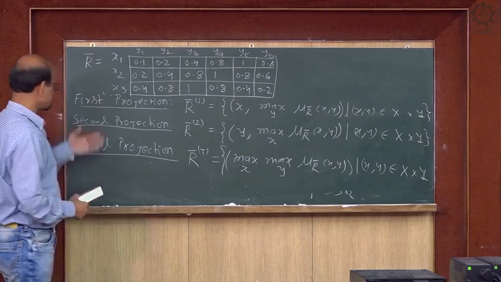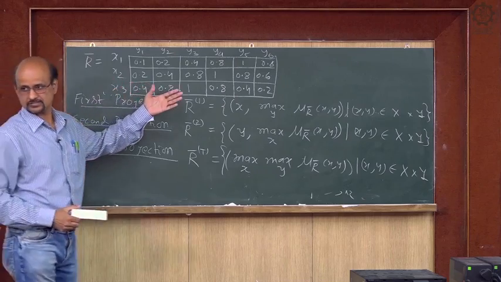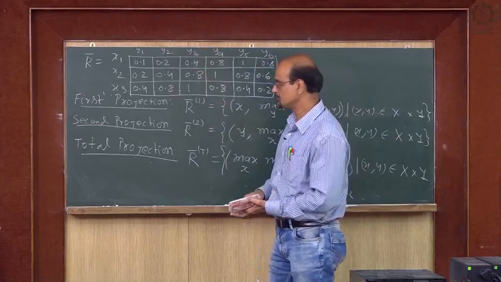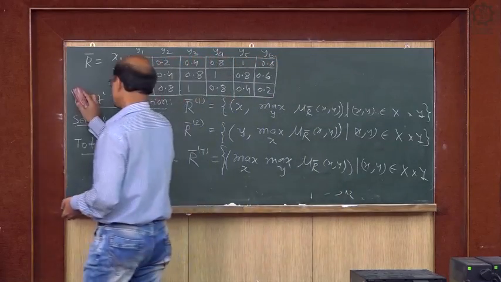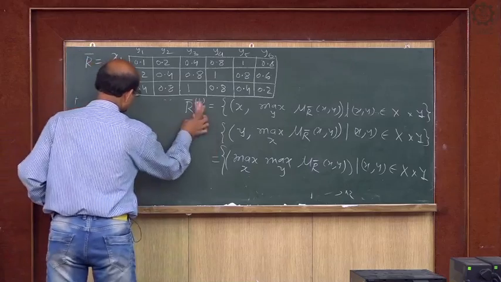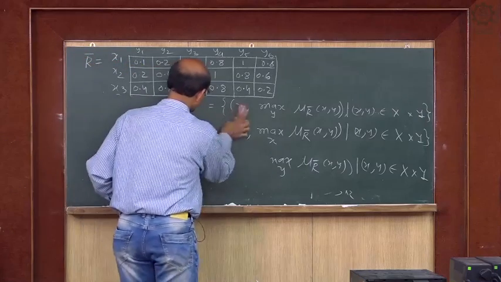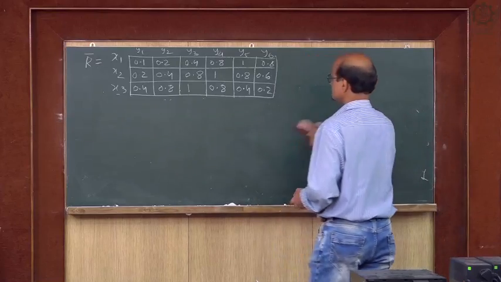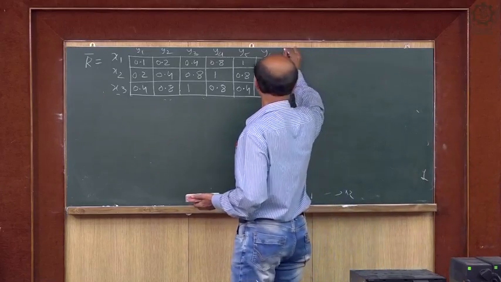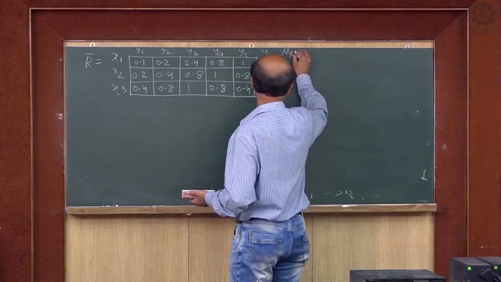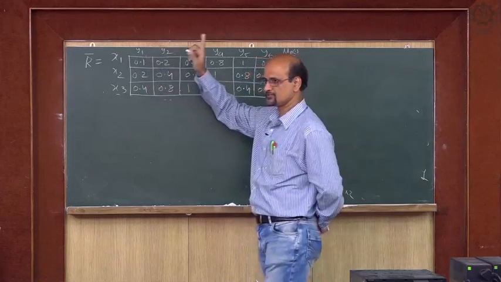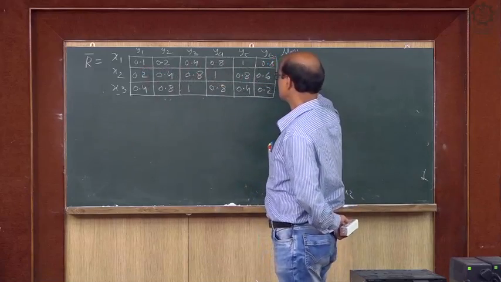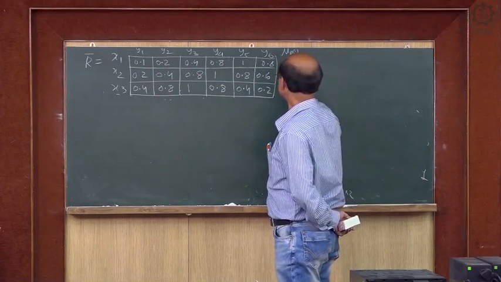Now, let us find the projections for this relation. This relation is from product space x to y. You remember these definitions. For the first projection, we denoted it by R1. So, here I will write the membership function for R bar 1. It was the maximum over y for each x. That means, what will be here? 1.